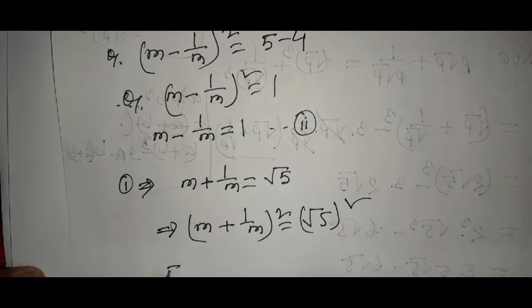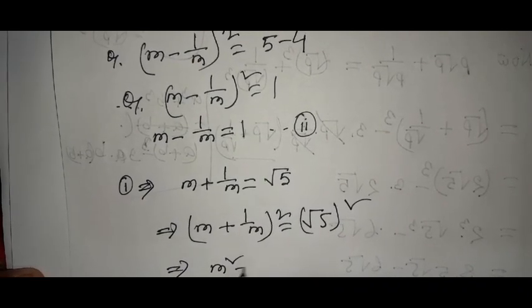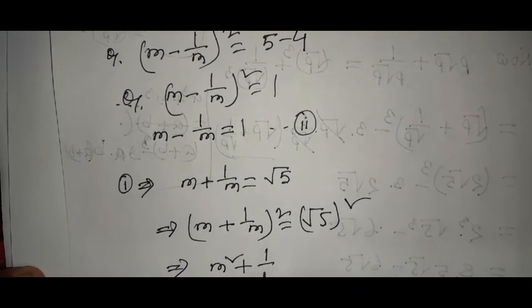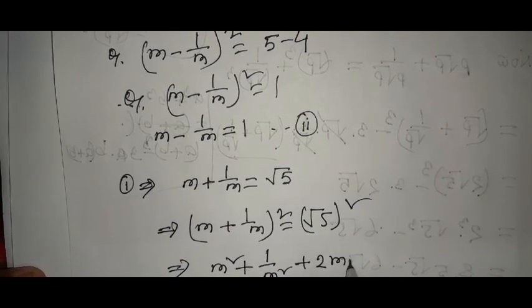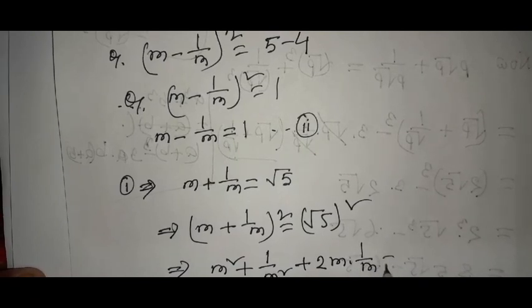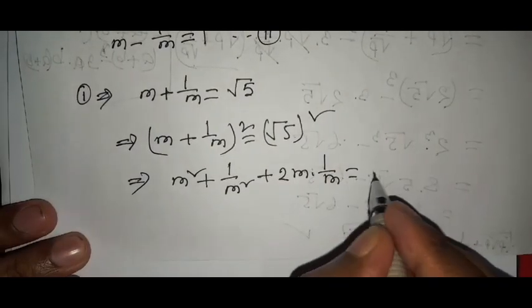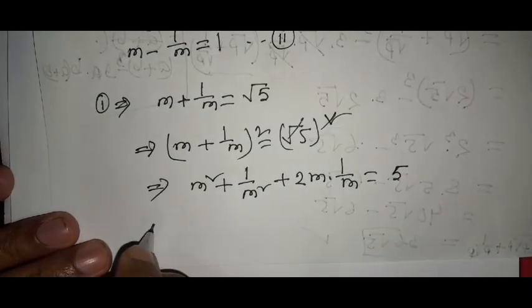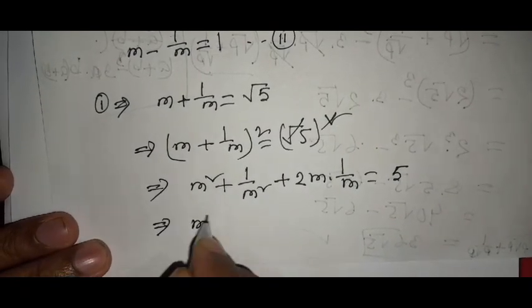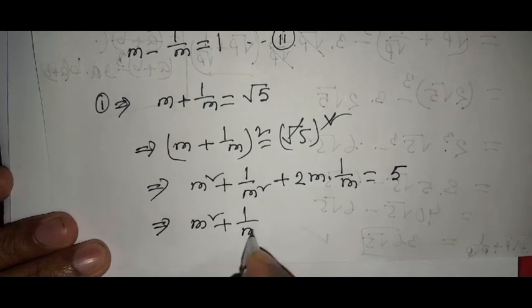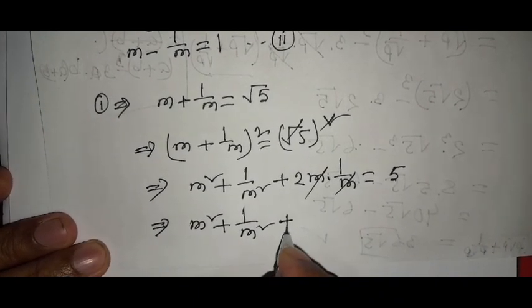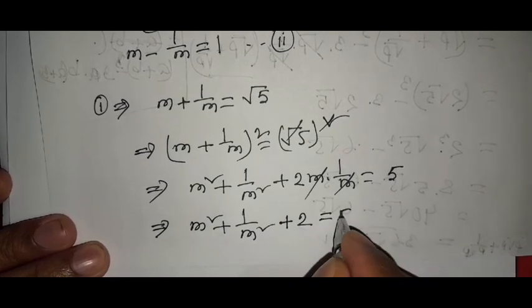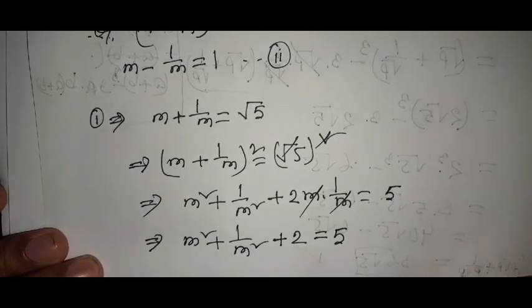Square and root cancelled. So here m and 1/m cancelled, and we get m² + 1/m² + 2 = 5.